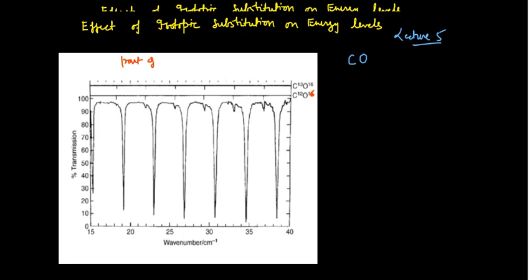In that spectrum you are observing certain peaks. This is peak number 1, this is peak number 2, this is 3, this is 4, this is 5, this is 6, this is 7. Seven peaks are shown here, and these are the wave numbers.